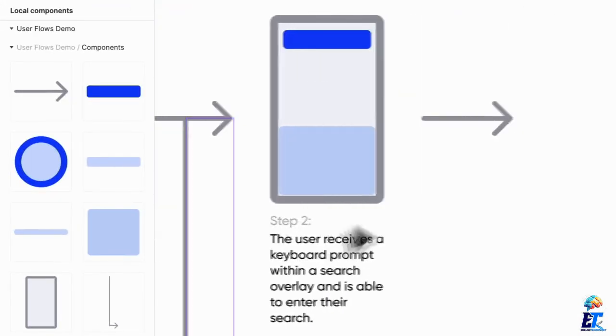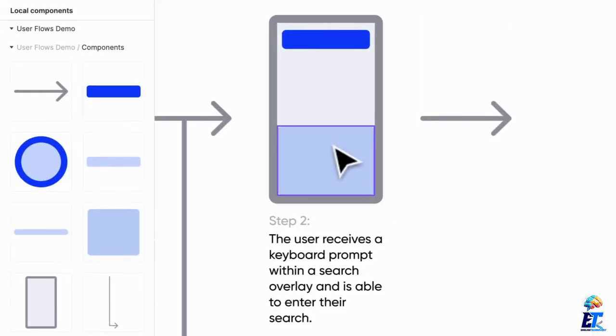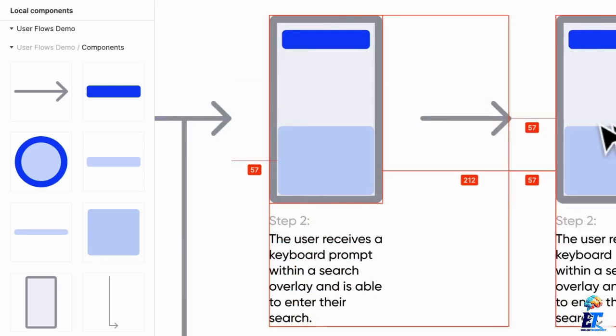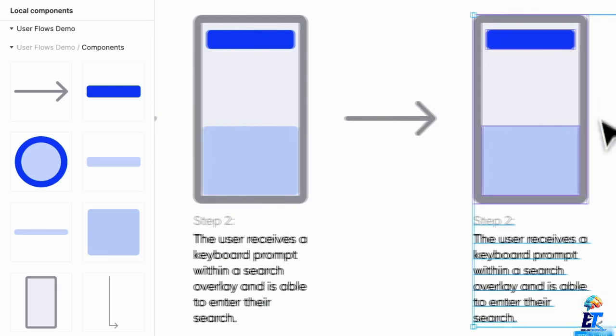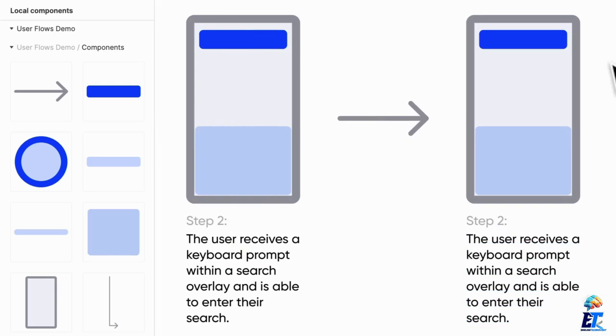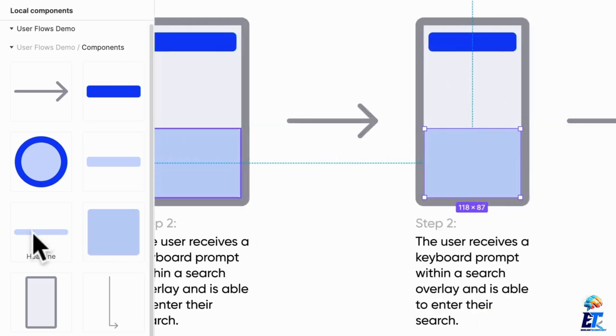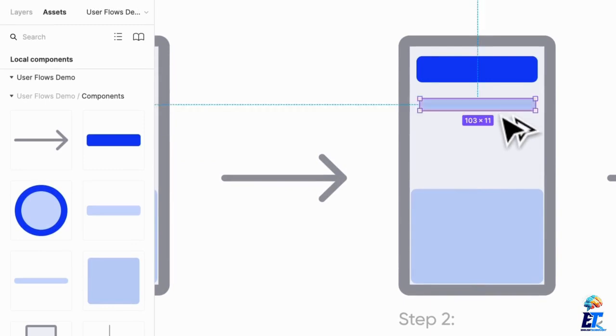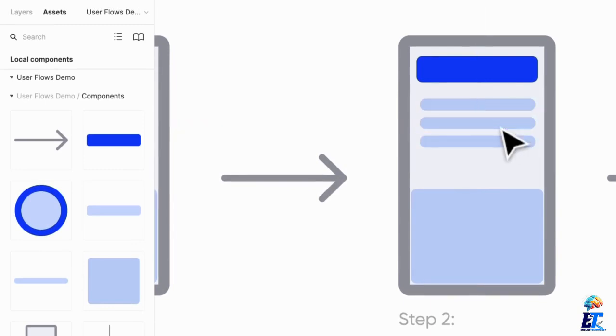Perfect. So that's step 2. Now they have a prompt. They're able to enter their search. Now, when we were sketching, we started thinking about things like type ahead a bit. So we could actually highlight that here. Okay, let's take that. We can use this as our type ahead results. So another Figma tip.